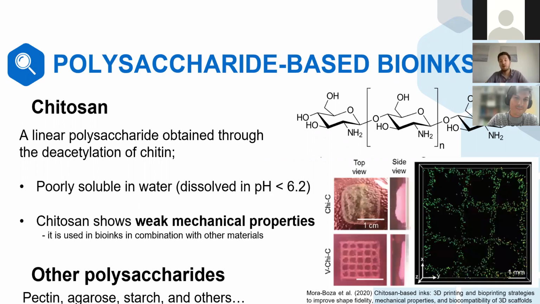You can see here on your right side an example of a bioink from chitosan. Other polysaccharides have been used in 3D printing techniques, including pectin, agarose, starch. And if you have some curiosity about this, you can search. There are many very interesting reviews on most of these polysaccharides.